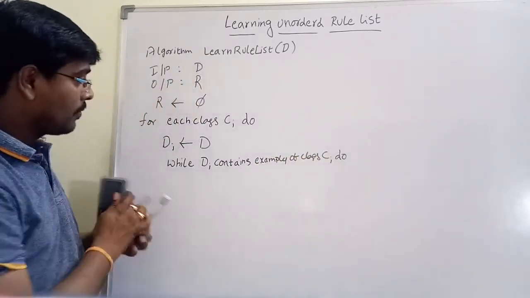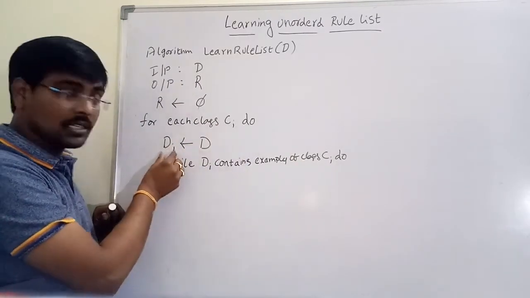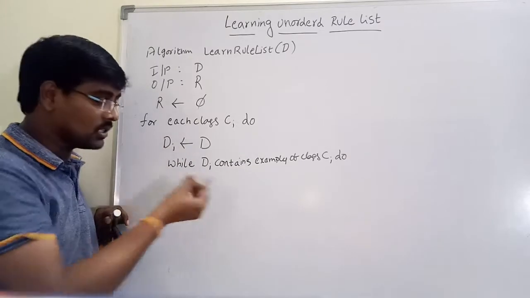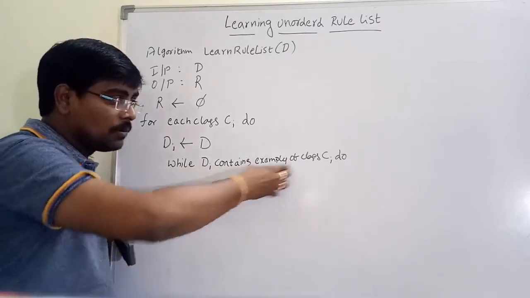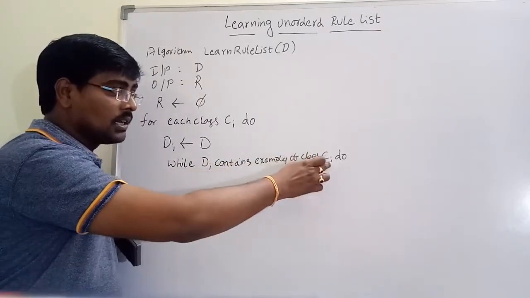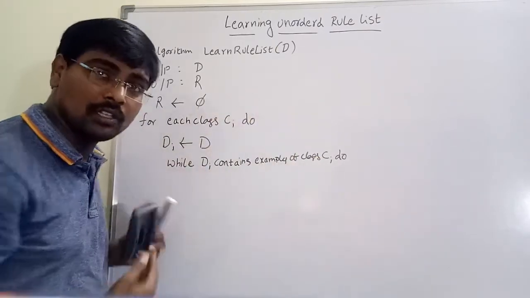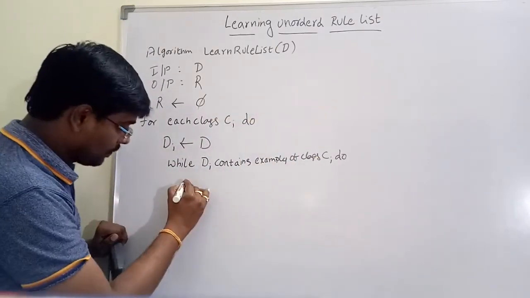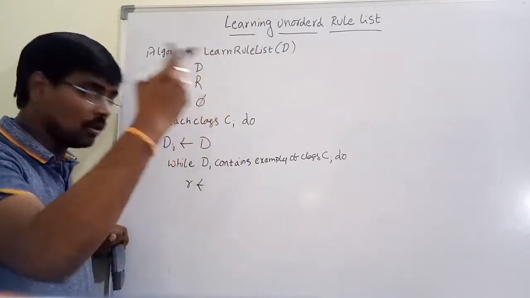I have already decided a class. From the set of instances, I am picking one instance. Instances are examples. Suppose Di has some examples that come under class Ci, then automatically the instances are arranged to class Ci. So for this, if it contains, we are defining a rule.